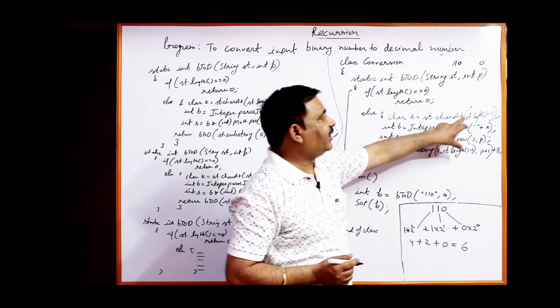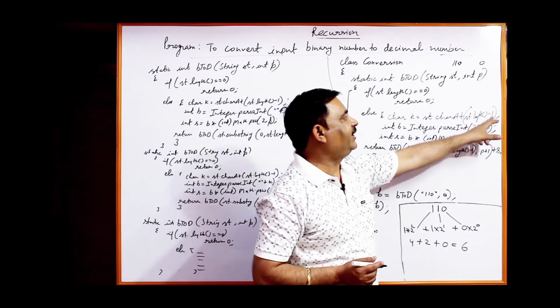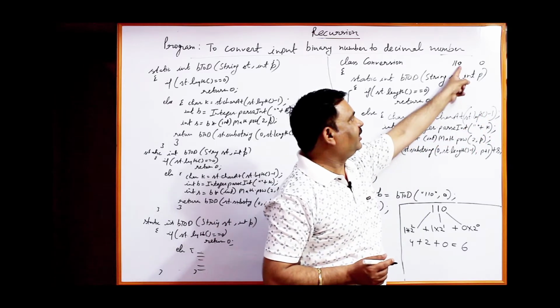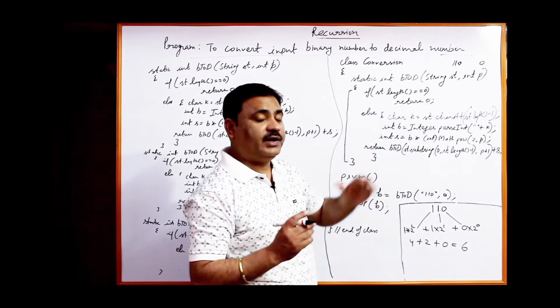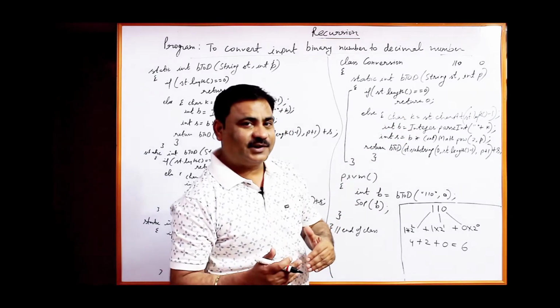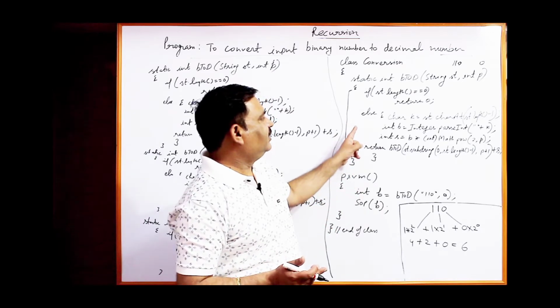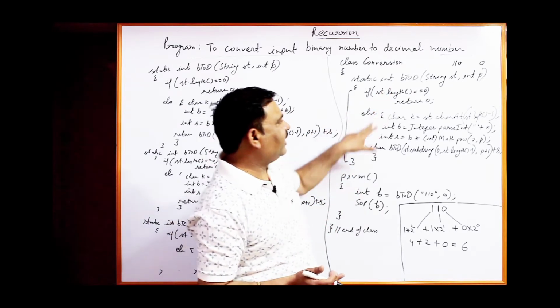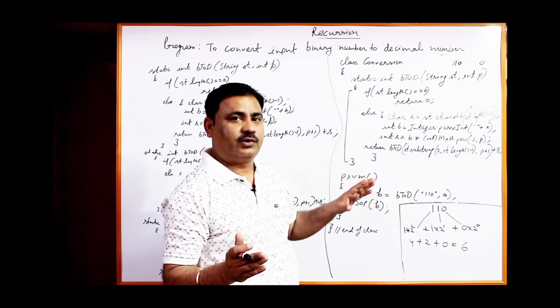Extract the rightmost character. That's why I have written st.charAt(st.length() minus 1). The rightmost character is 0 and this is a character. So now we have to convert it into an integer number. Two methods are there. Either using the ASCII code, you can write just the number k minus 48, where 48 is the ASCII code of 0.